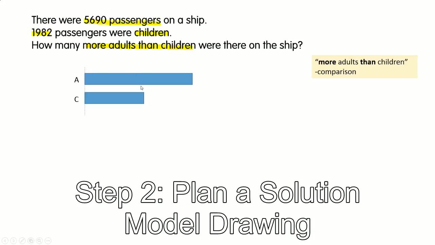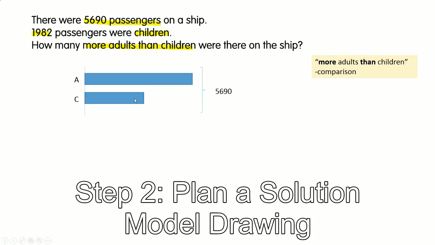Next, we fill in some more information. There were 5,690 passengers on the ship. The passengers is made up of both the number of adults and children, the total number. Hence, we show the total 5,690. Given in the question also, 1,982 passengers were children.